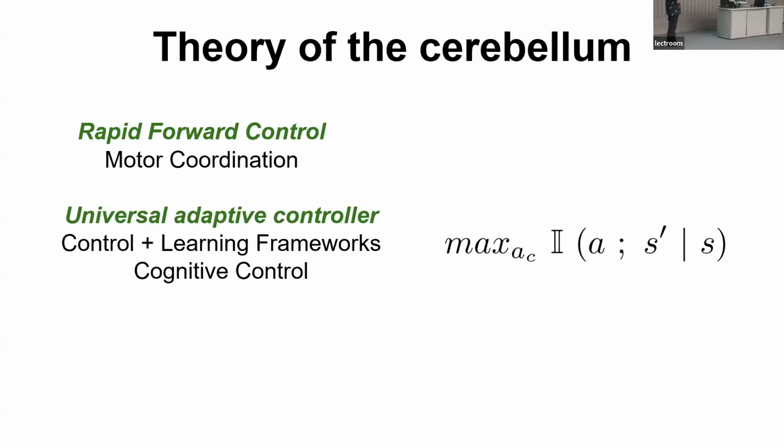It is universal, so it fits the different strands of theory of the cerebellum, like Marr's about learning and the perceptron, but also about being an adaptive controller. And by being universal, it could, for example, work for cognitive control, because it can be about any kind of controller. So if you're controlling something within your brain, maybe your emotions, and this is stabilizing that, you will see this kind of stabilization effect.